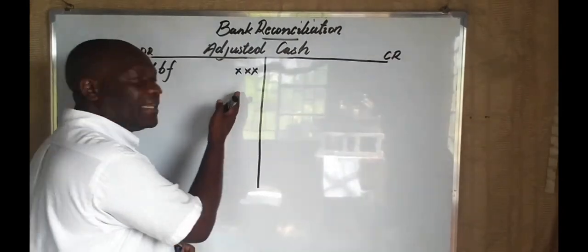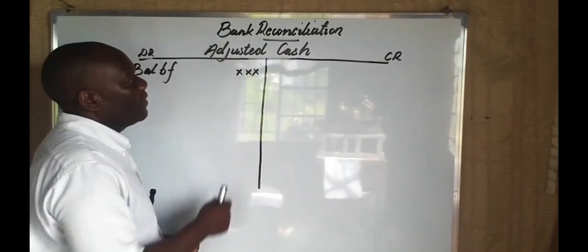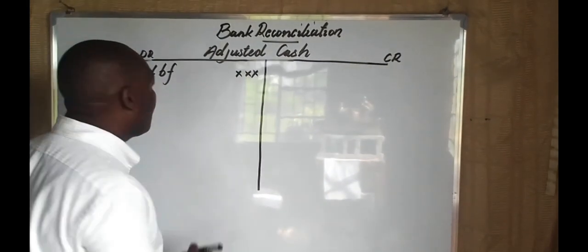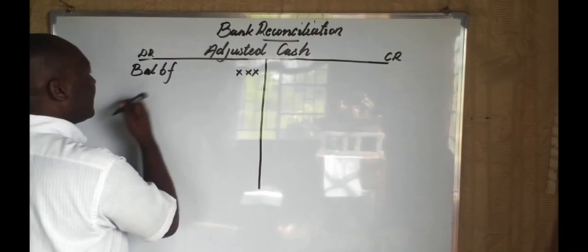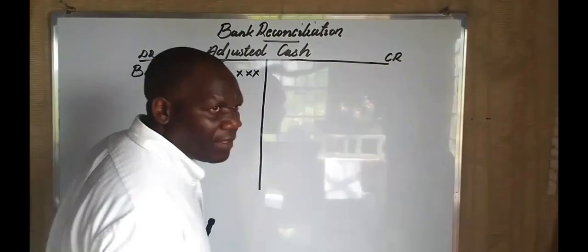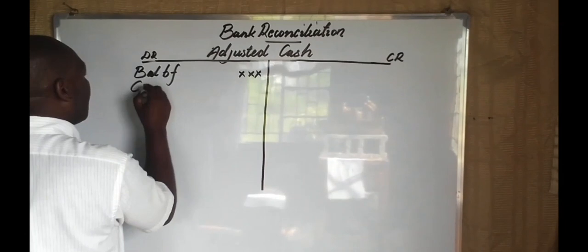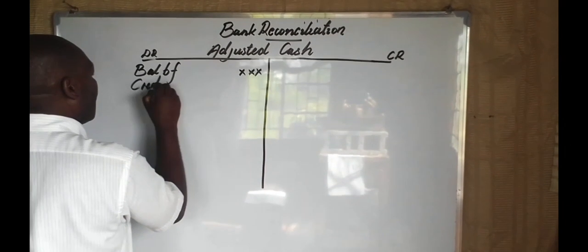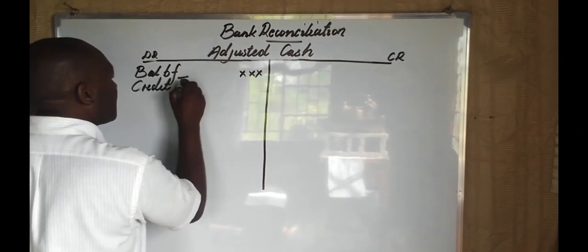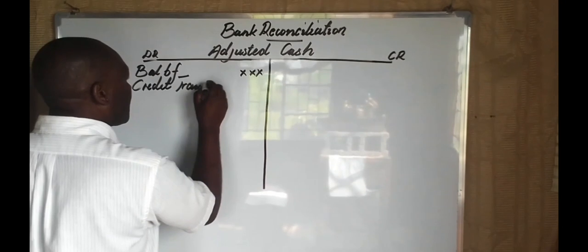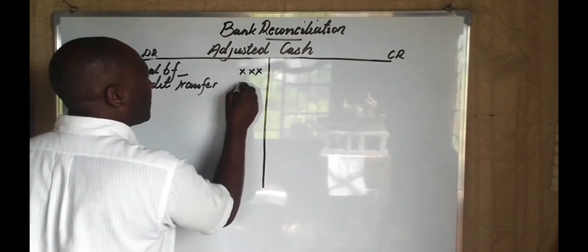So are the items that will come on the debit side of your cash book. So we have bank credit or credit transfer that has hit your credit side. So we have a credit transfer here. Put it there.